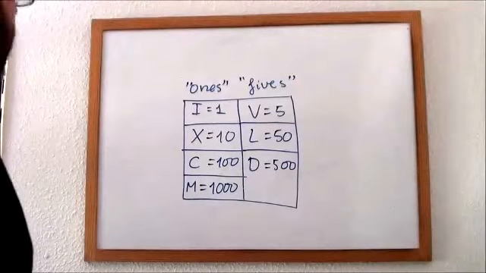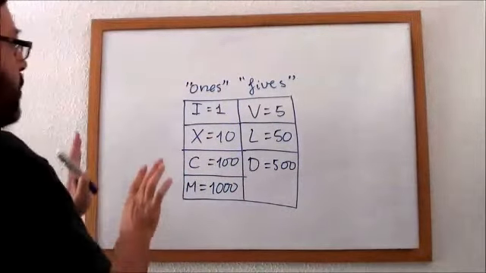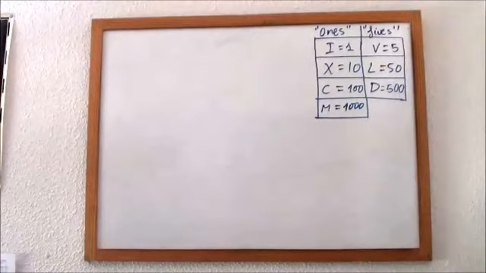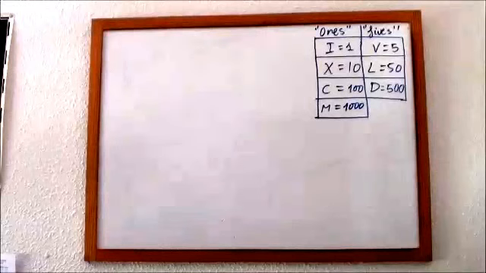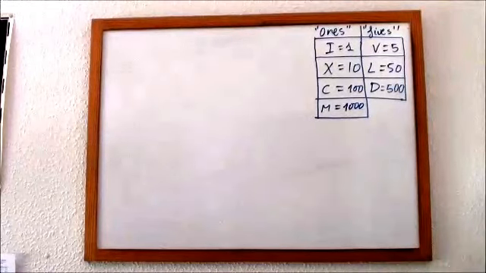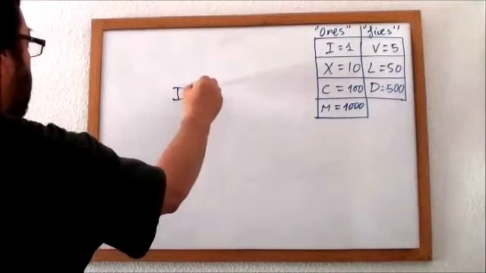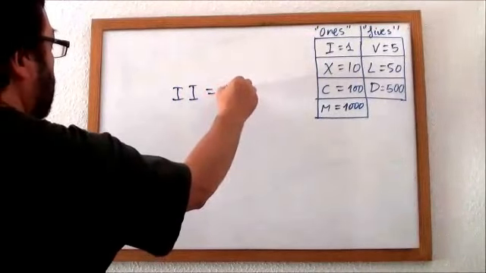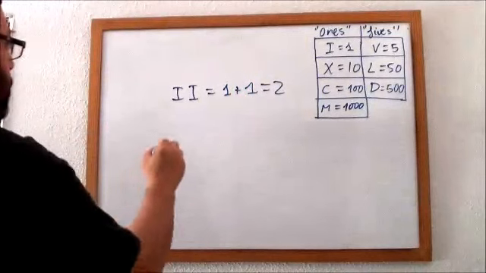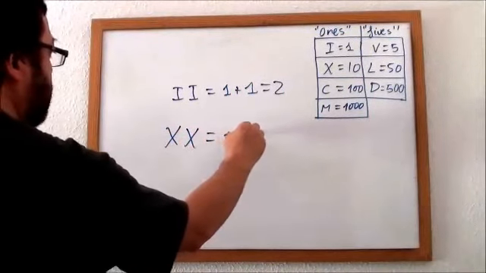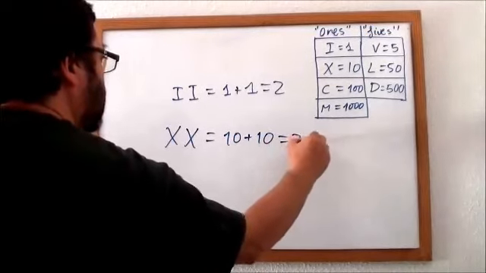To leave more room in the center of the board, I'm going to move this chart to the corner. Now, to make the rest of the numbers, we combine those letters. For instance, I I, that is number 1 plus 1, which is 2. X X, that is 10 plus 10, which equals 20.